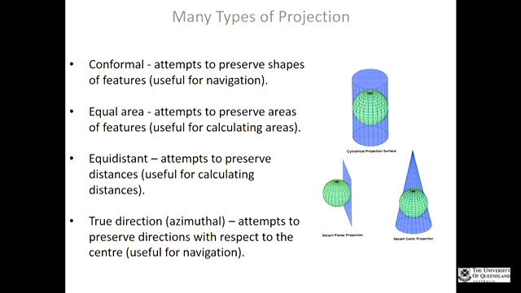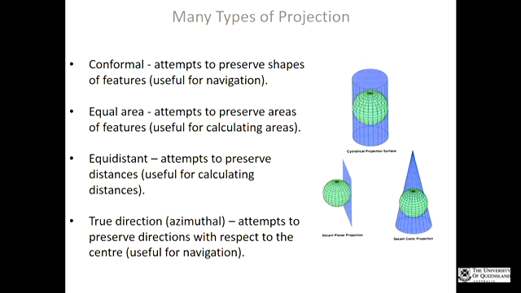But what you do need to understand is the different types of projections that you can use. These are the 4 main types of projections. Every projection usually tries to maintain one aspect of the geographic representation, but at the cost of distortions of other aspects. If you come across a conformal projection, this attempts to preserve shapes of the features.